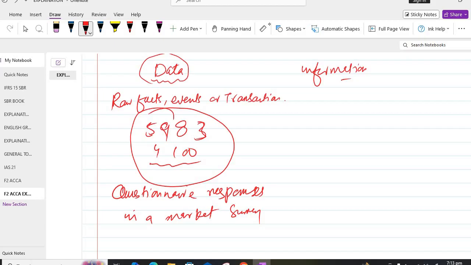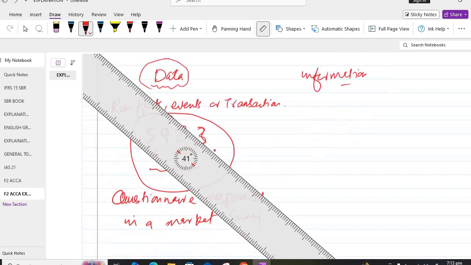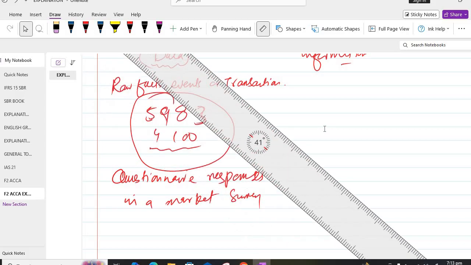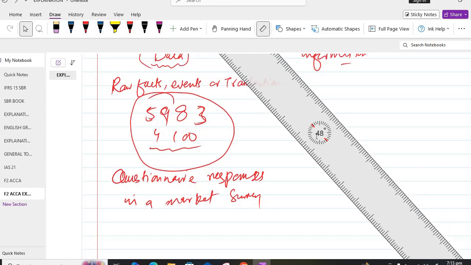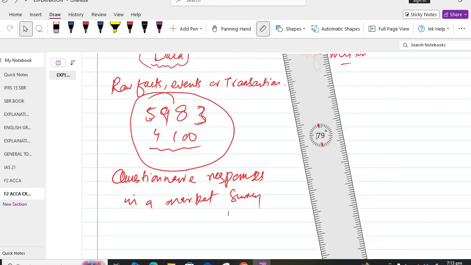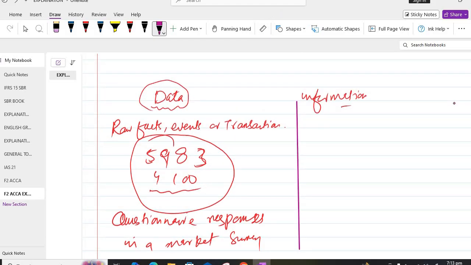Clear? Now on the other hand, you have information. What do we mean by information?